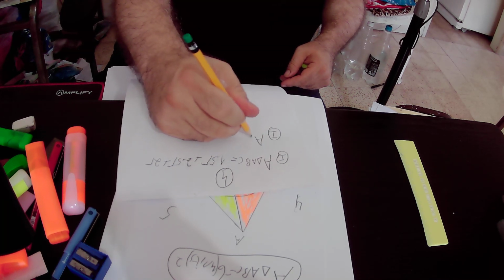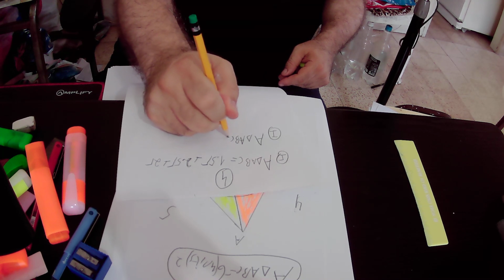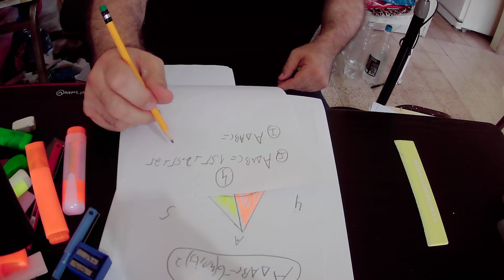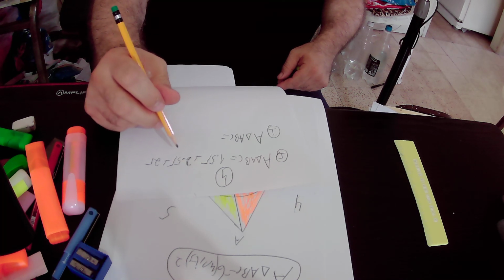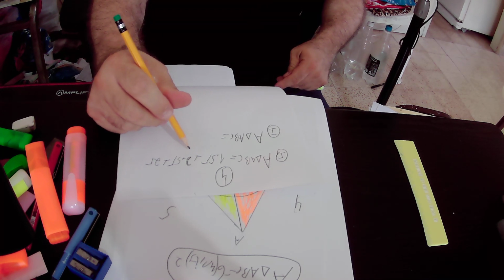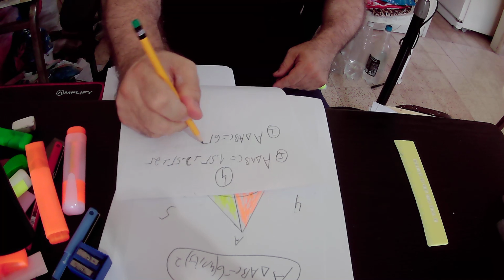So the area of the big triangle ABC equals the sum of the areas of those three triangles, the green triangle plus the yellow triangle plus the orange triangle, and the sum of the areas of those three triangles equals 6 times the radius of the circle.